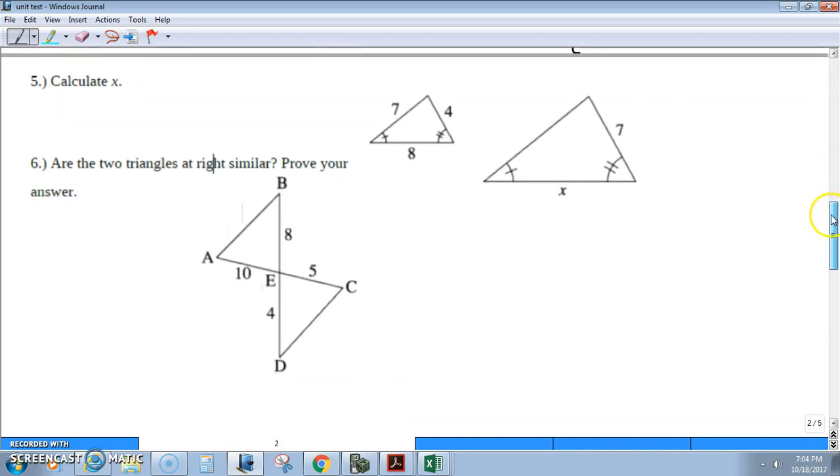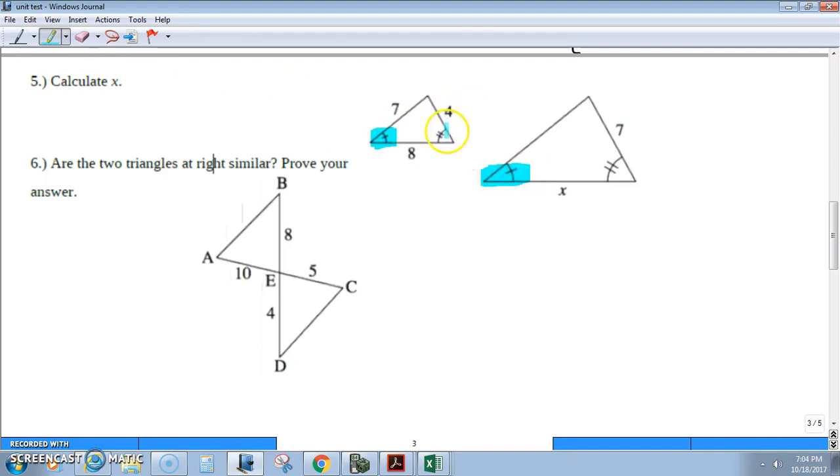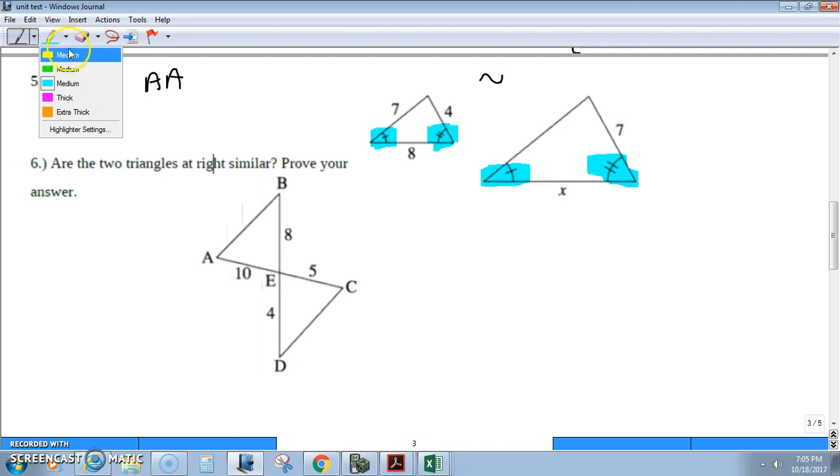How about number 5? Calculate the x value there. Because this angle is congruent to that angle and this angle is congruent to this angle, by the theorem of angle-angle similarity, these two triangles are similar. If they're similar, I know for a fact that their side lengths are proportional. So I know the corresponding side lengths.